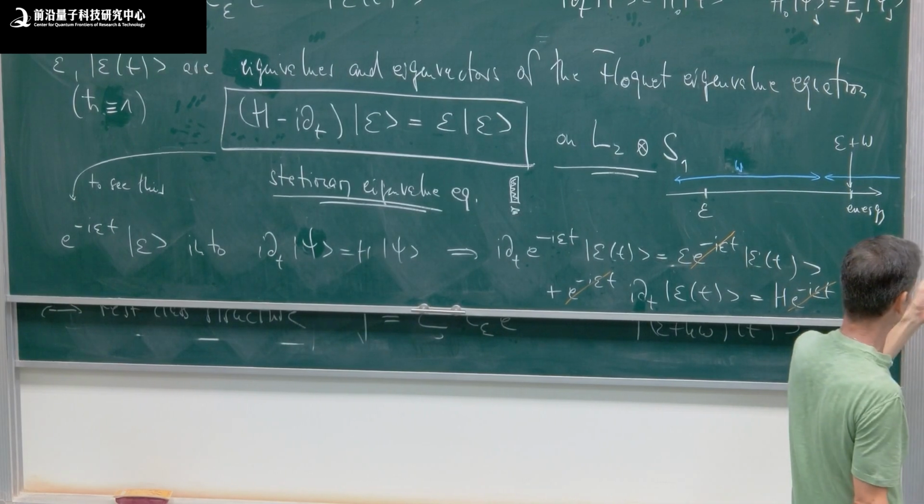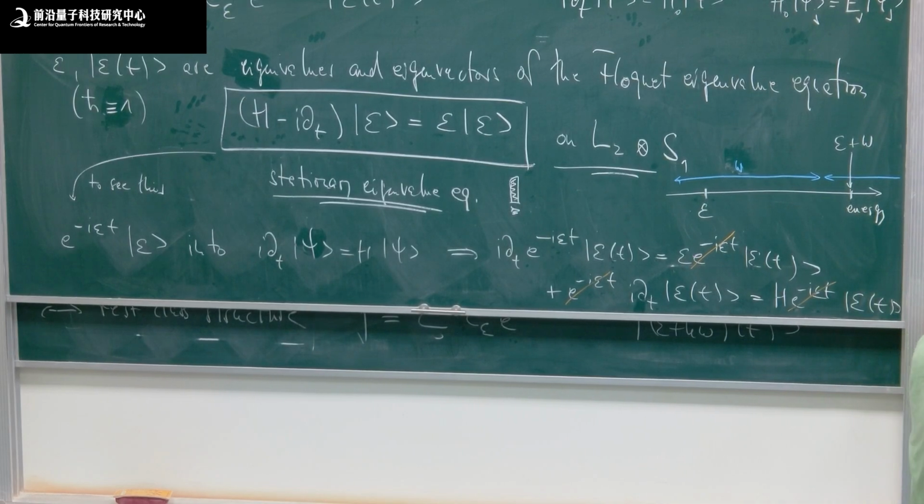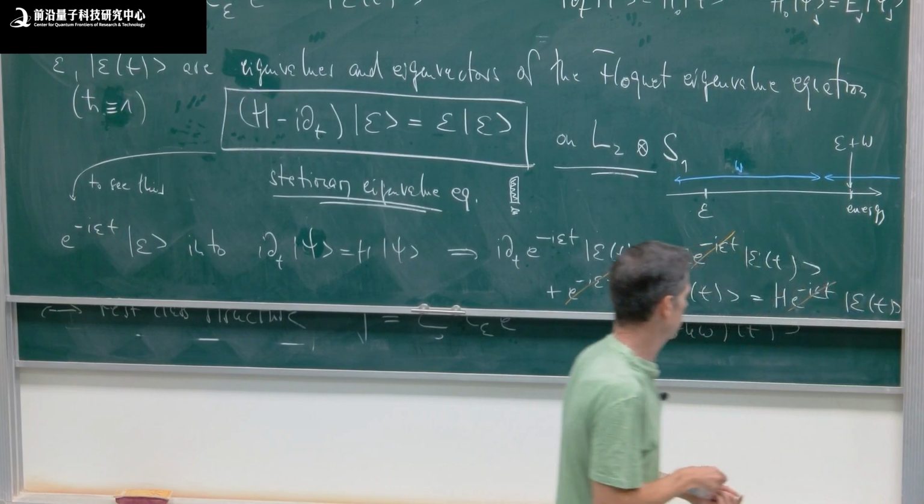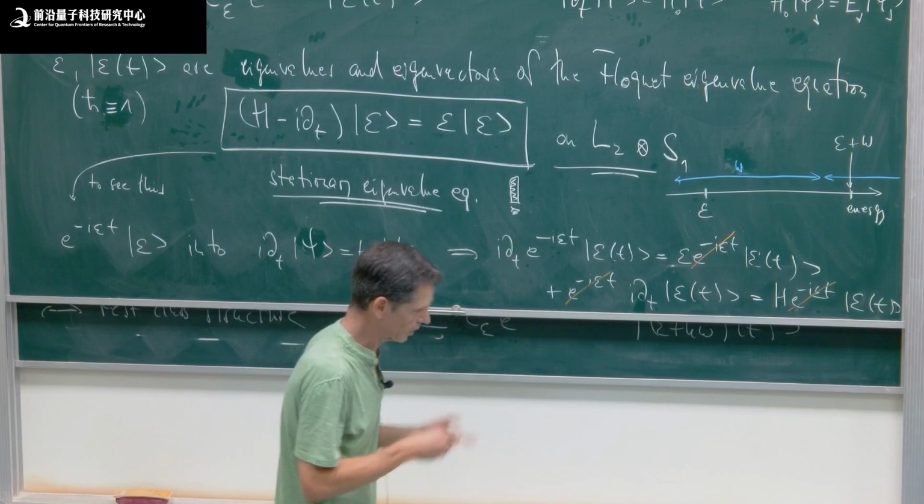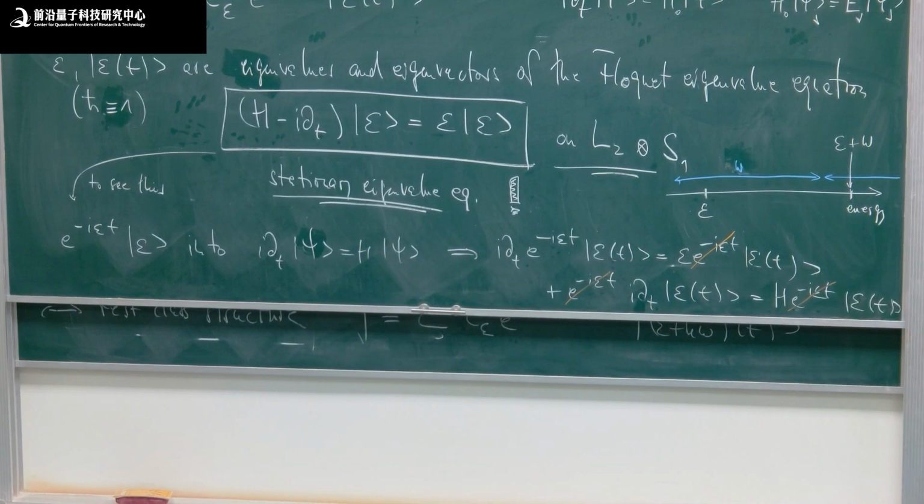So you will find epsilon of t and epsilon plus k omega of t will essentially be the same beast, just with the L2 part of the Fourier expansion sitting at different values of your label k. Okay, so that's not so easy. This is something to chew upon a bit. But I will make a drawing now.